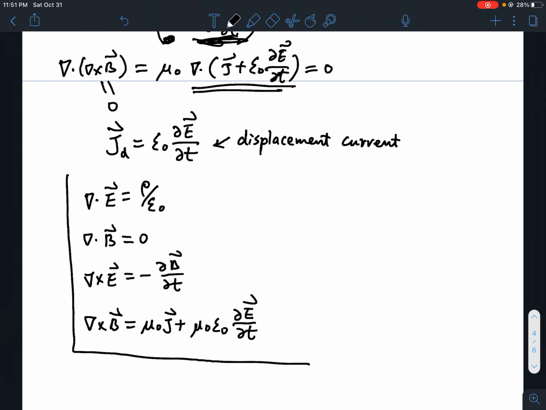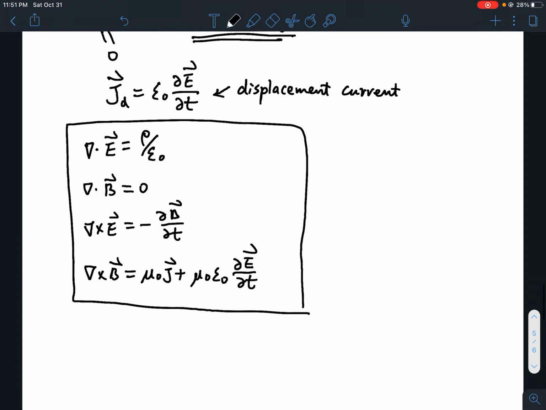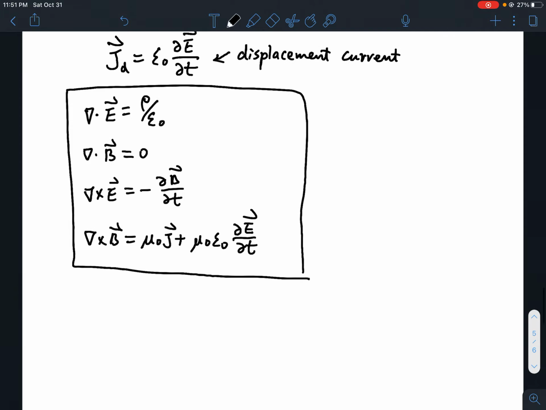These are the famous Maxwell's equations, of course one of the most important equations in the history of physics.